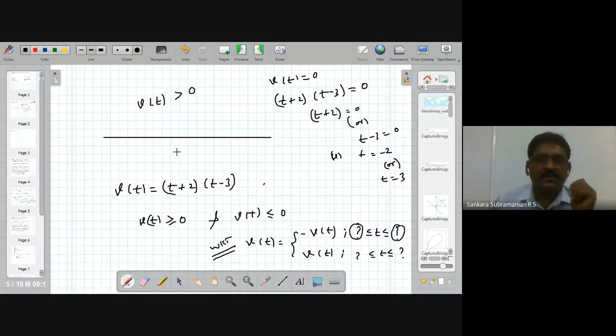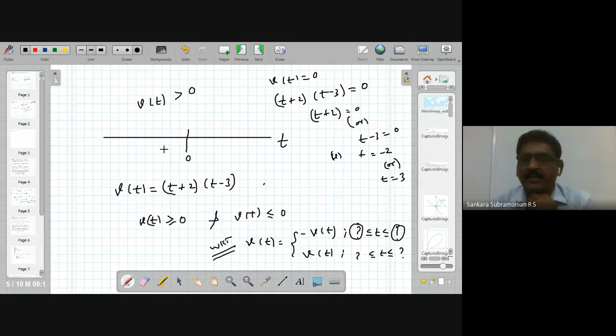So this is the t axis. Assume this is the t axis. V of t will be 0 when, assume that this is 0, when t is minus 2, this is minus 2, and t equal to 3. 1, 2, 3.